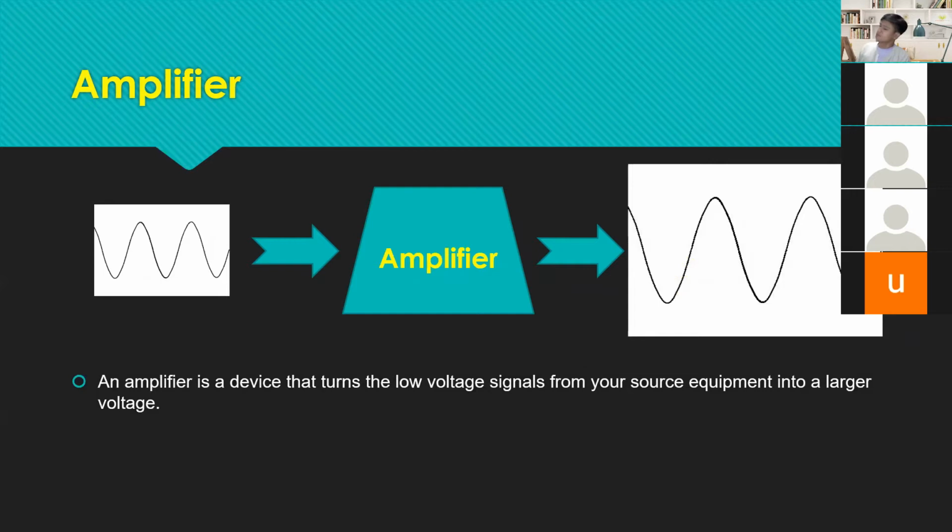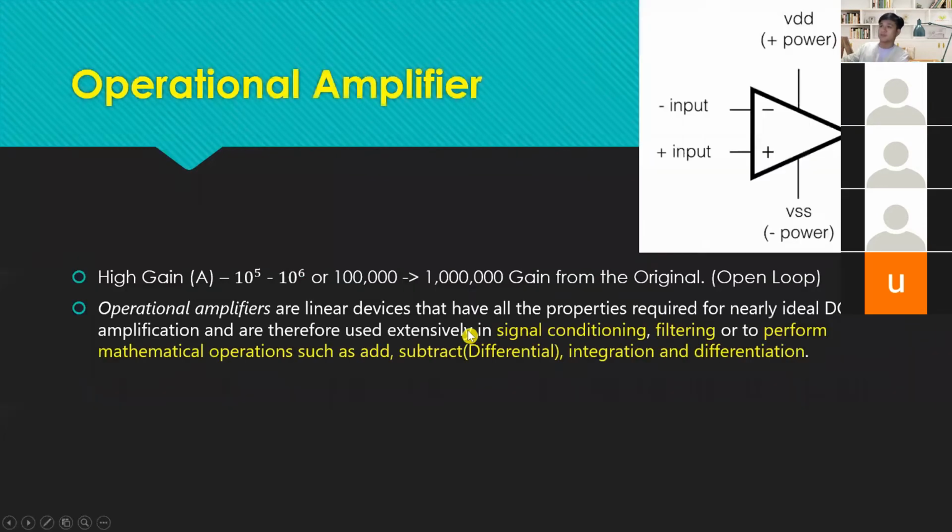Sometimes it's 10 times larger, 100 times larger, sometimes even 100,000 times larger, or even 1 million times larger. That's how an amplifier works. This kind of device is mostly used in speakers. It converts that small voltage into a higher voltage to provide higher decibels, or sound.